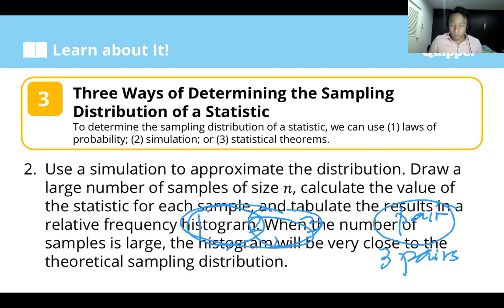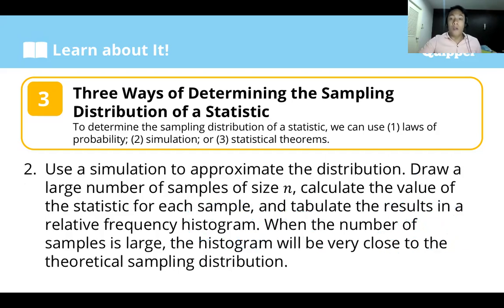And number 2, we will use a simulation to approximate the distribution. Okay, draw a large number of samples of size n, calculate the value of the statistic for each sample, and then tabulate results in a relative frequency histogram. When the number of samples is large, the histogram will be very close to the theoretical sampling distribution.